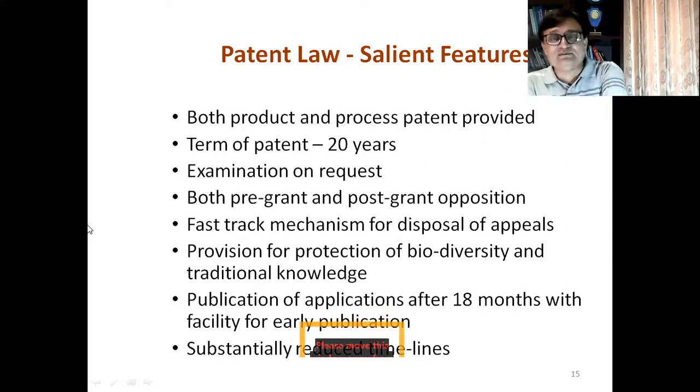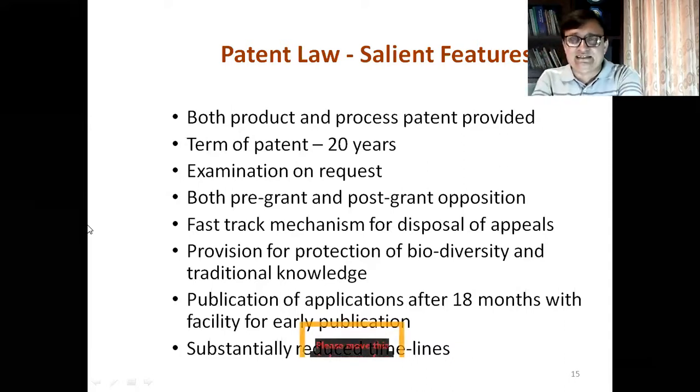Similarly, the term of the patent is 20 years, and there is a provision for examination on request. Even if the patent is registered, if somebody requires that it should be re-examined because it is not novel, then it is open to challenge. Both pre-grant and post-grant opposition are there. If somebody opposes it afterward, then it is also considered.